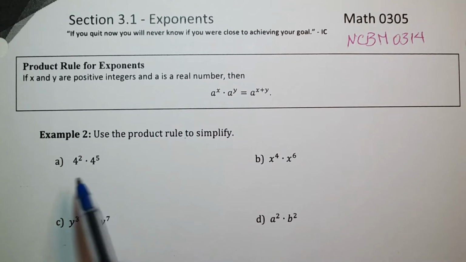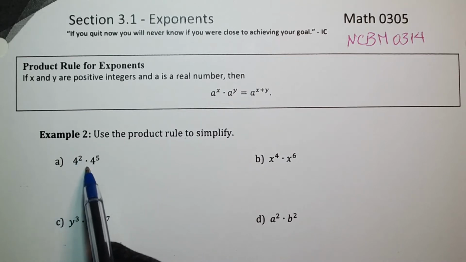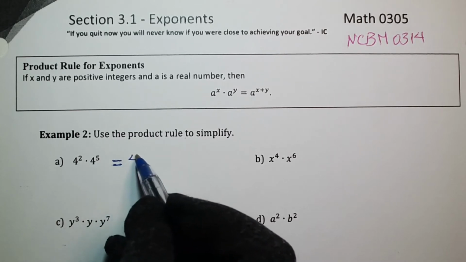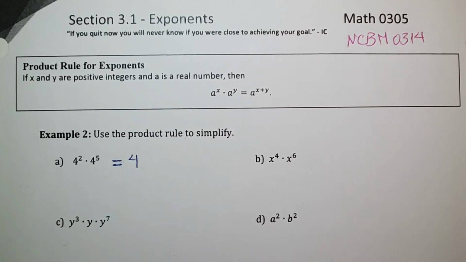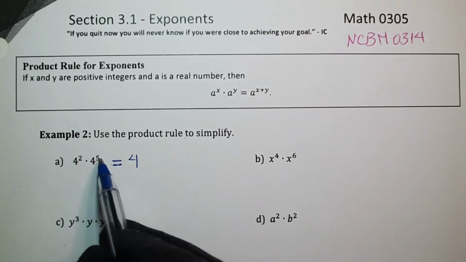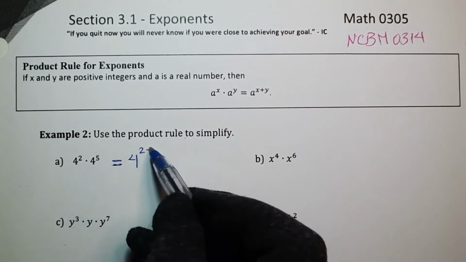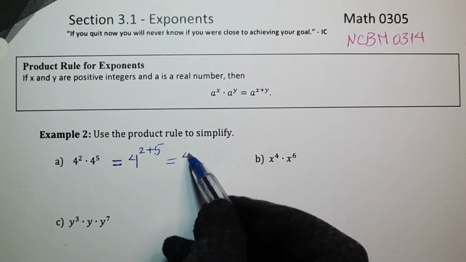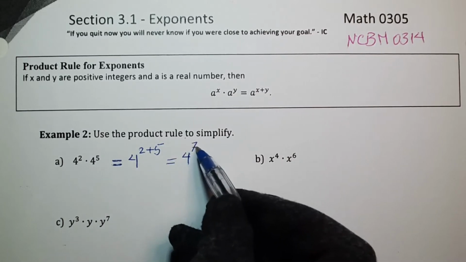For example, 4 to the power of 2 times 4 to the power of 5. Because the bases are the same, we can keep the base and add those exponents together. So the answer is 4 to the power of 7.